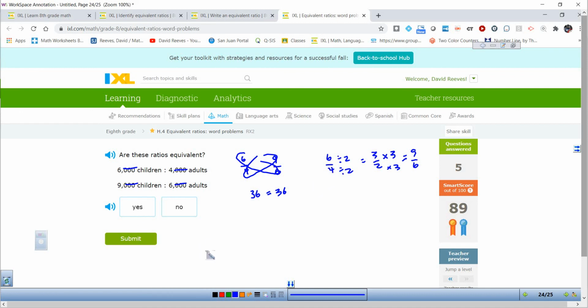We also could have drawn the pictures, right? And we have 6. 1, 2, 3, 4, 5, 6. And we have 4. Actually, let me do this. All right. I'm going to separate these 6, right? And then we have 4. Do you see that right there? That's 3 and 2.